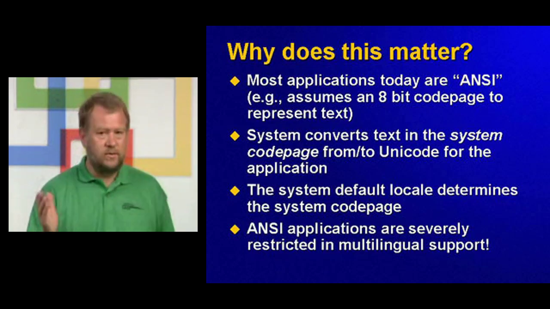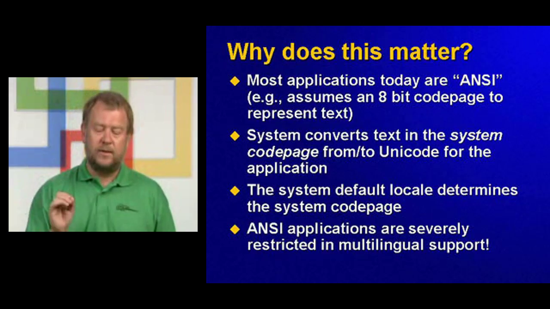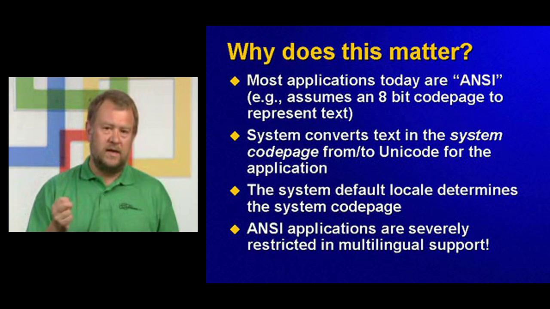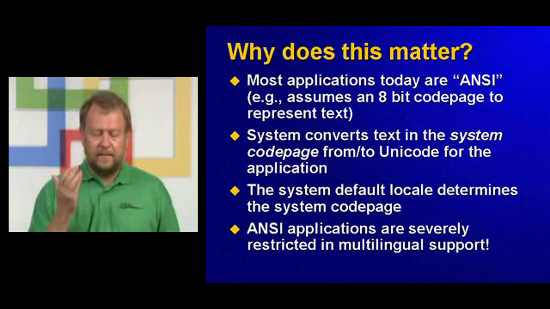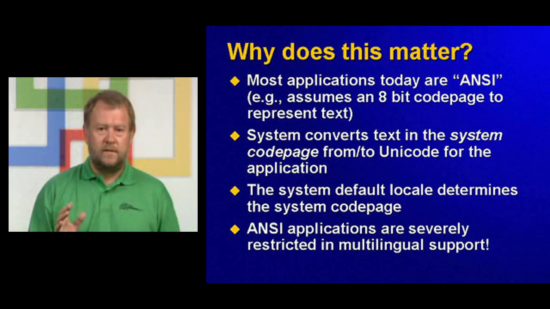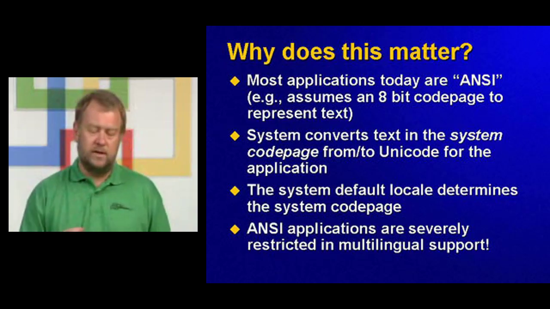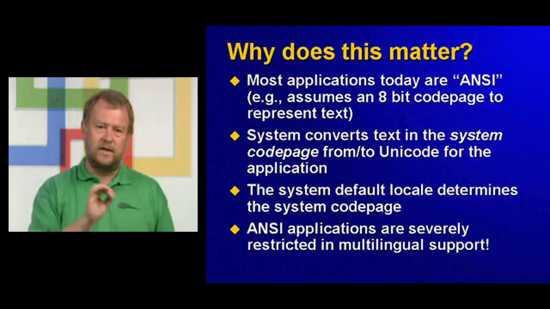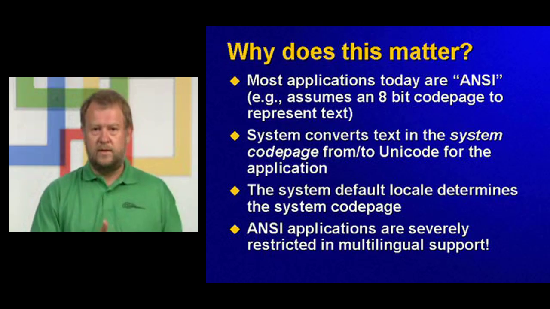Why have I talked so much about Unicode up to date? Okay, why is this important? Well, most applications are based on the ANSI style of encoding of characters. That is, it's based on 8-bit bytes. So there are single-byte character sets and 8-bit double-byte character sets, and I'm not going to go into this in a lot of detail, but suffice it to say that you can think of this as sort of legacy from the days of the OEM code pages of DOS, from Windows 3.1, and so on.